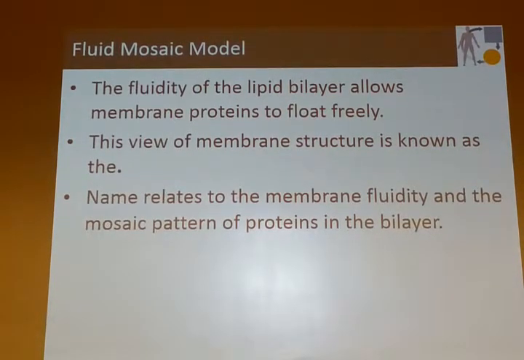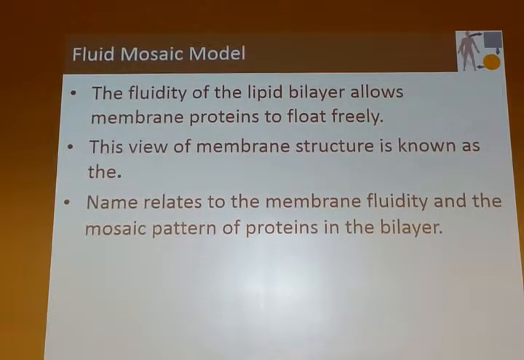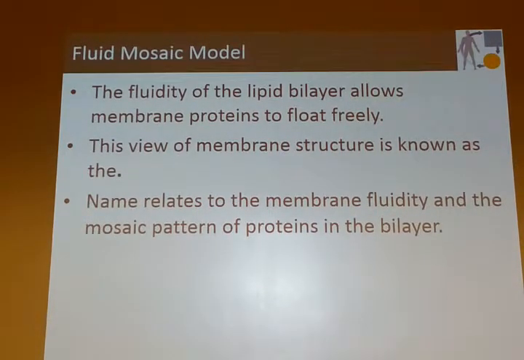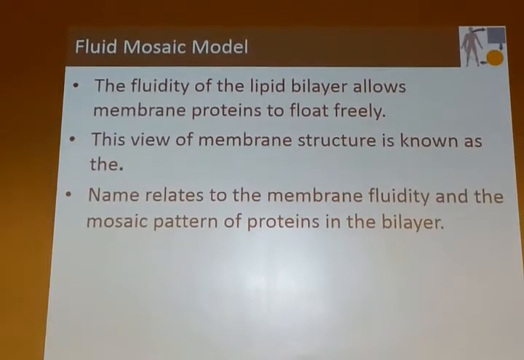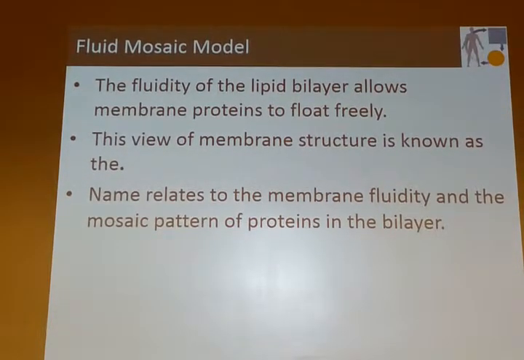So the term fluid mosaic model goes back to, can things move in the plasma membrane? Things need to move in the plasma membrane. If we have hormone out there that's in high concentration in a certain area of the surface of a cell, you don't want to wait for the diffusion of the hormone to the receptor.